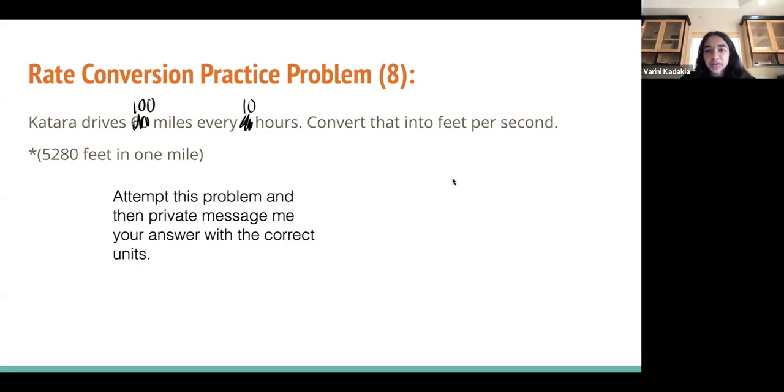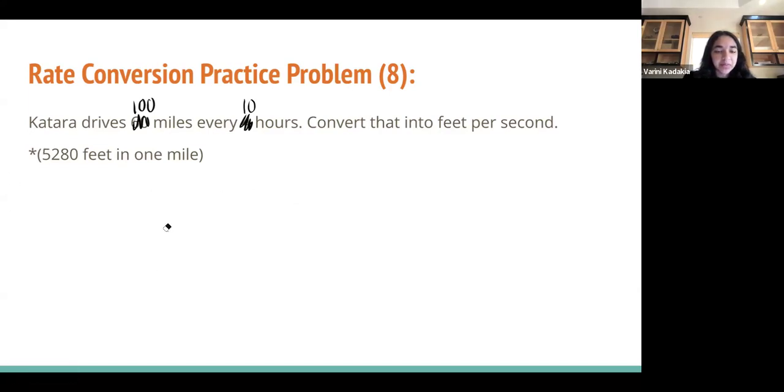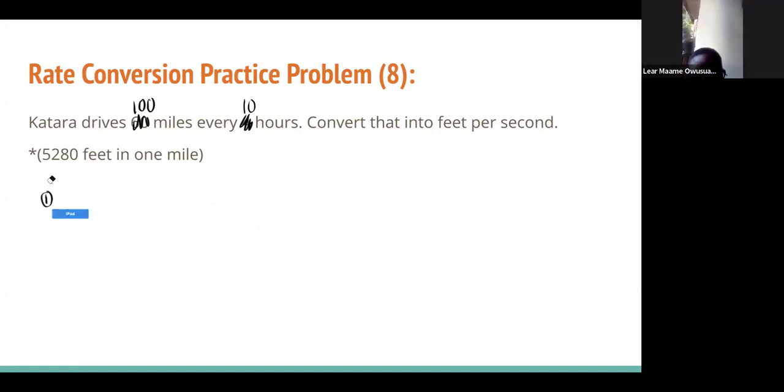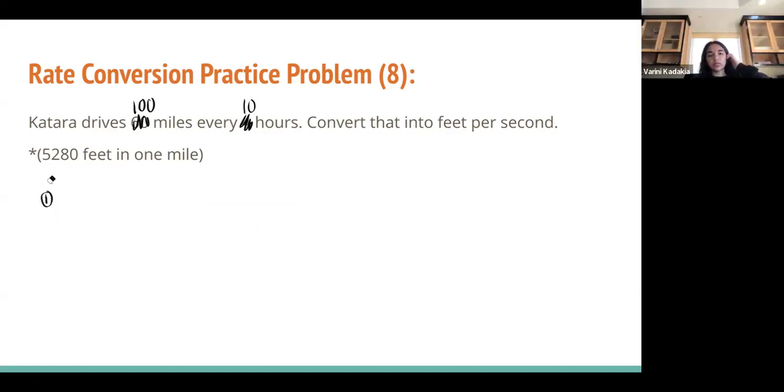Okay, well, I'll go over the answer because I think there's still a little bit of confusion. So let's go through this together. What should my first step be? What should I convert into what first?